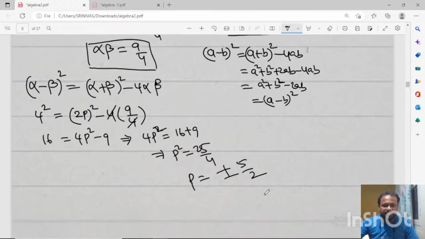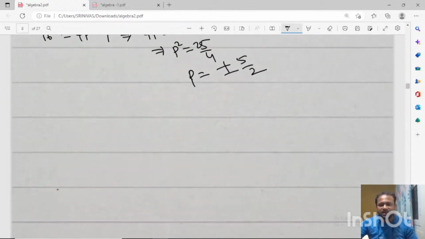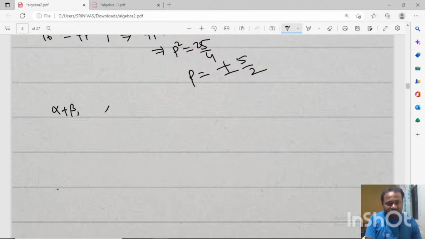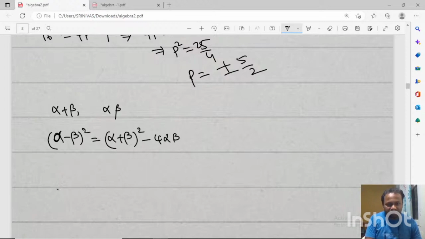See this. The same condition I am going to explain once again. If you have alpha plus beta as well as alpha beta, then alpha minus beta whole square is equal to alpha plus beta whole square minus 4 alpha beta. Jaya Padma, you didn't understand? I am saying once again.